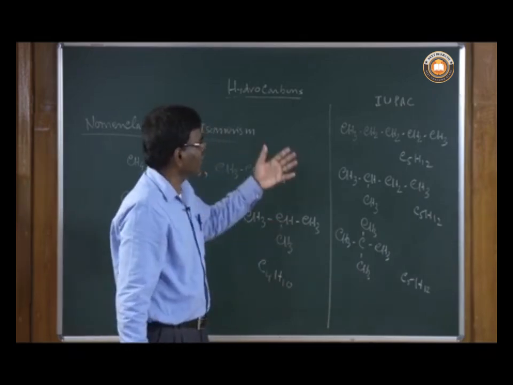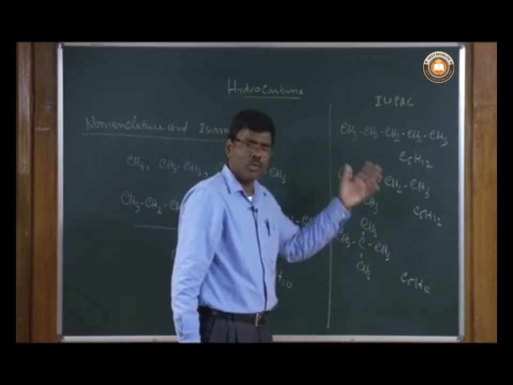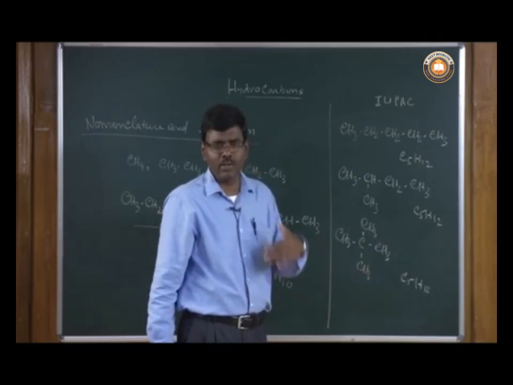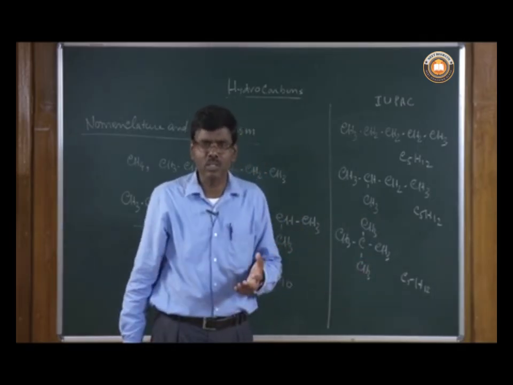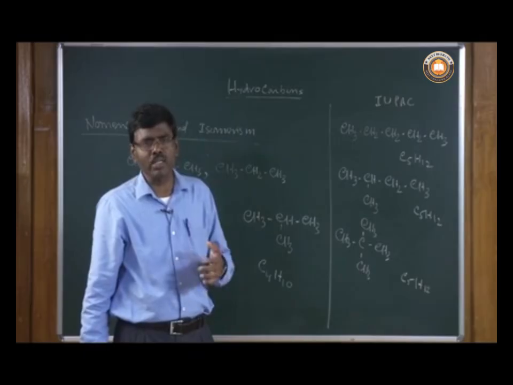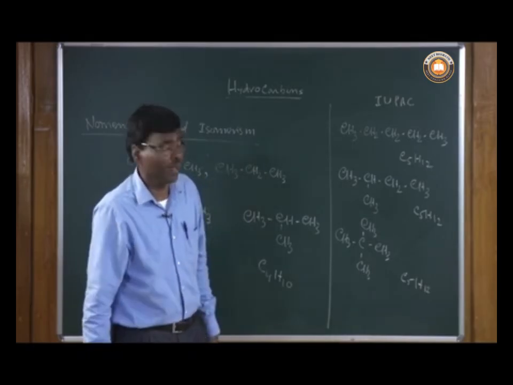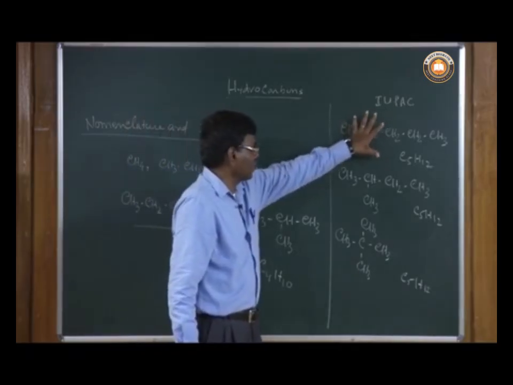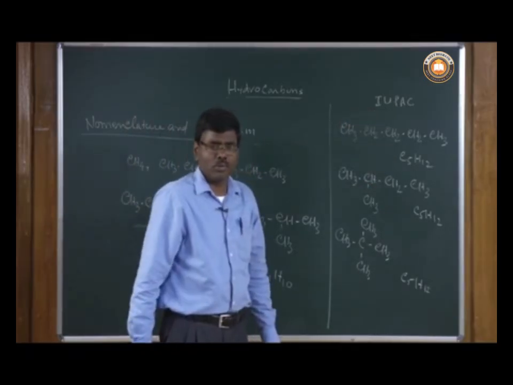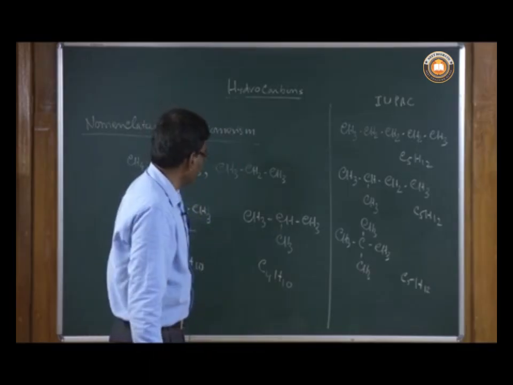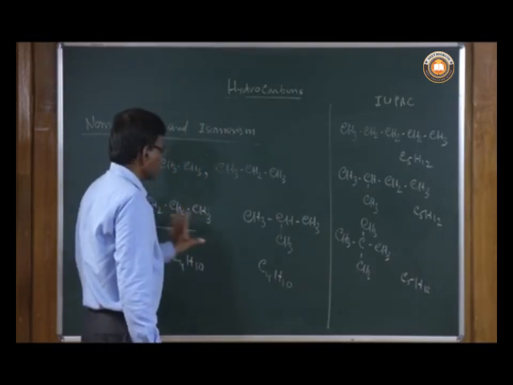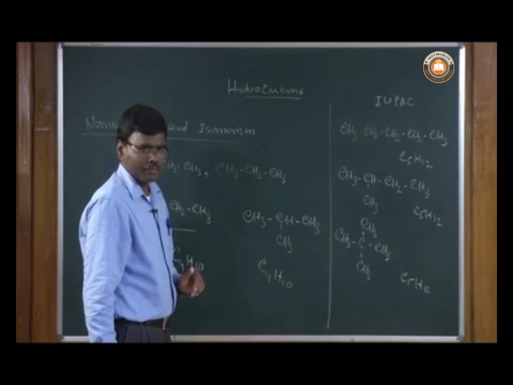When you go for hexane you will have more structures, heptane with 7 carbon atoms, octane 8 carbon atoms, nonane 9, decane 10 carbon atoms, you will have a number of structures. Using this nomenclature you can name all the compounds. Let us see how you will name these compounds.